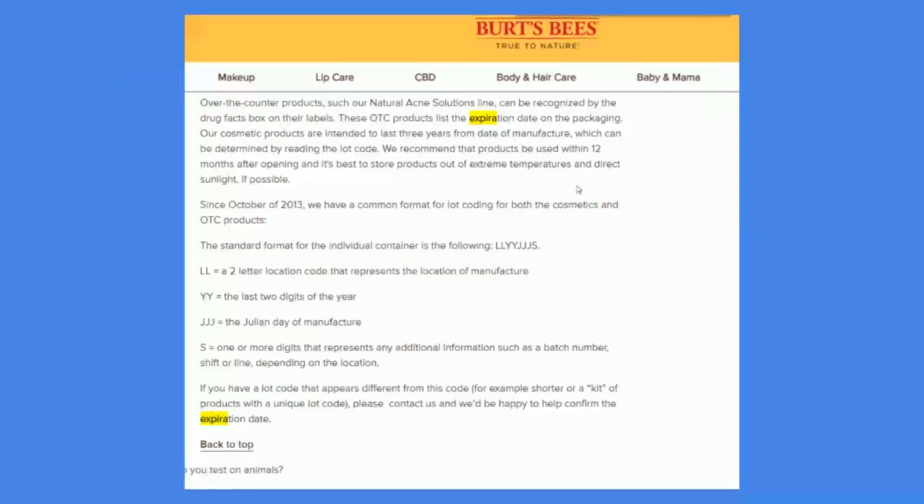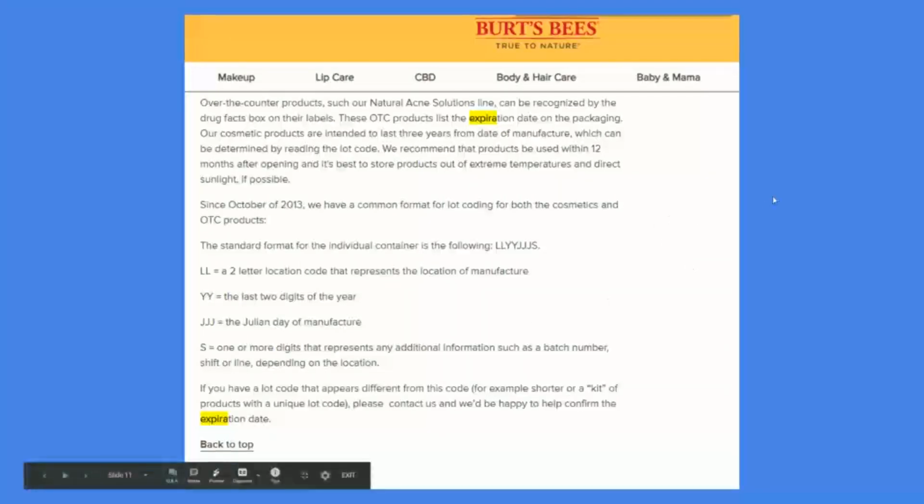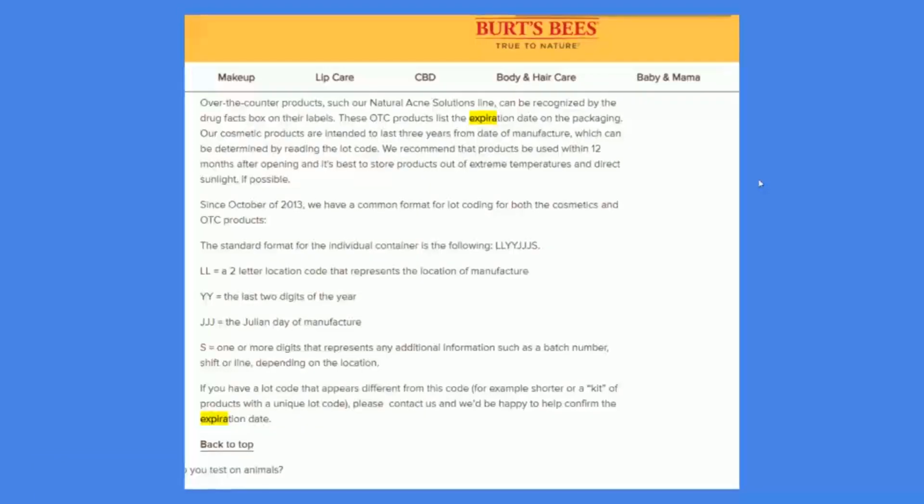Burt's Bees is another one that has their expiration date code on their website and how to decipher it. I've sold several Burt's Bees items too, and the package clearly states the format.